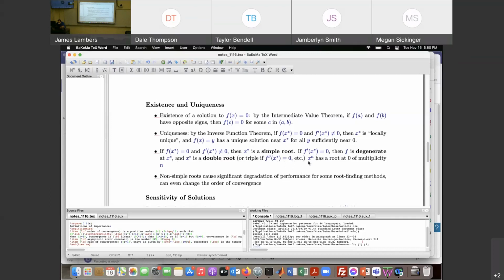For instance, I take n equal to 2, x squared. So x squared is 0 at 0. Its derivative is 2x, which is also 0 at 0. But its second derivative is just a constant function 2. So it's just a double root. So functions that are flat at the root are a problem for numerical methods.